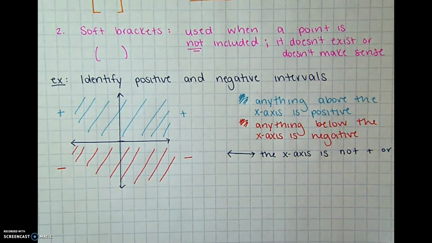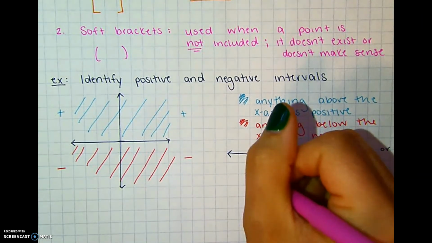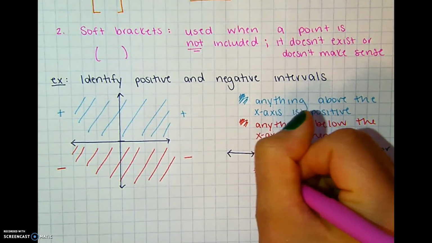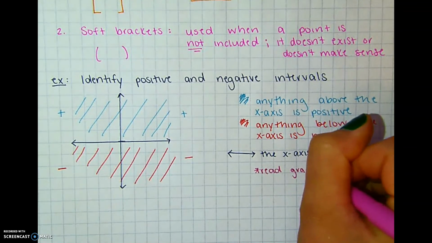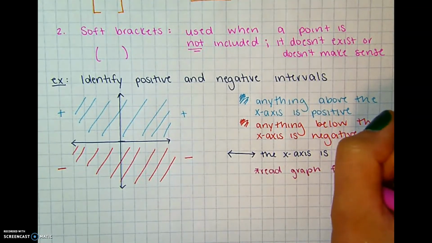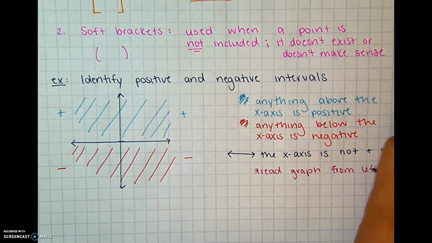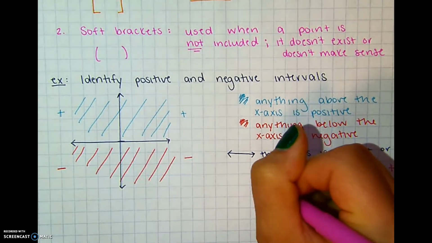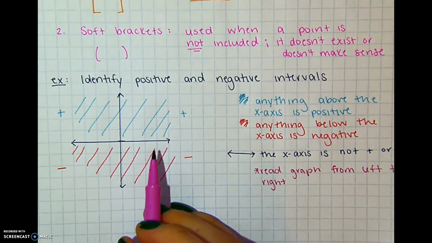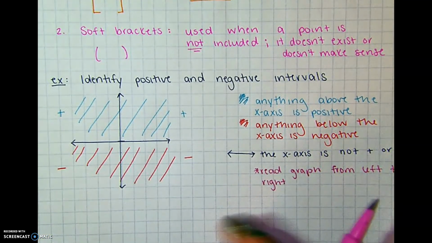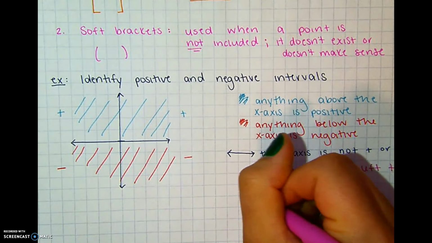So a couple key things to note are we read a graph from left to right. So we're going from left to right when we're deciding the positive and negative values. We write our answers in interval notation.